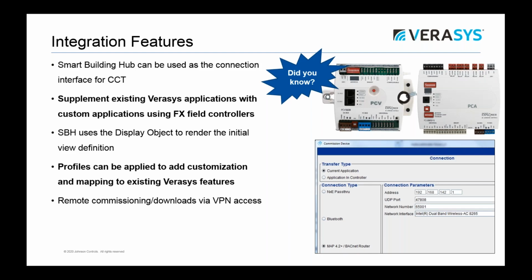And I think which is really neat, you can do the remote commissioning and download through the VPN access. It's used just like if you would use the MAP with the BACnet router. So you can actually get into the building remotely and download and commission the FX, PCA, and PCB type controllers. So really slick feature there too.